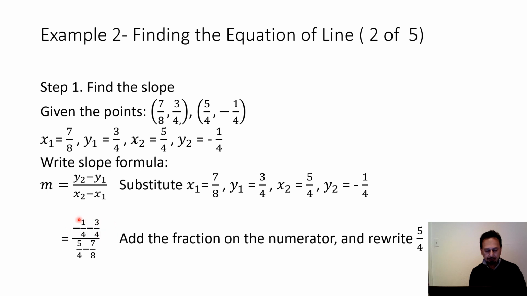As you can notice, the fractions in the numerator have the same denominator, so these are like fractions and we can subtract them. But in the denominator they are not like fractions, so the LCD is 8. We multiply 5 and 4 by 2 so both fractions have the same denominator.